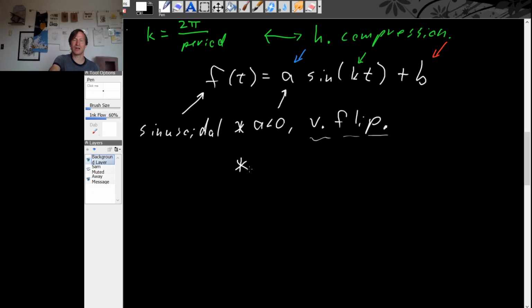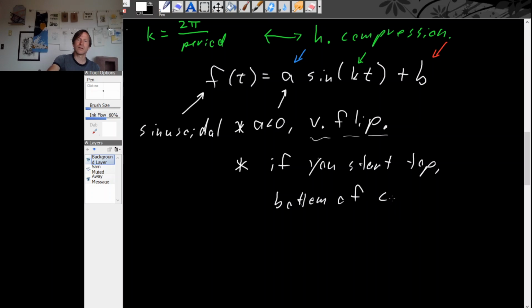Second note that I want to make about this formula is if your sinusoidal graph starts at the top or the bottom of a cycle, well, you can't use sine because sine always starts at the middle of the cycle, going up if it's unflipped and going down if you flipped it vertically.